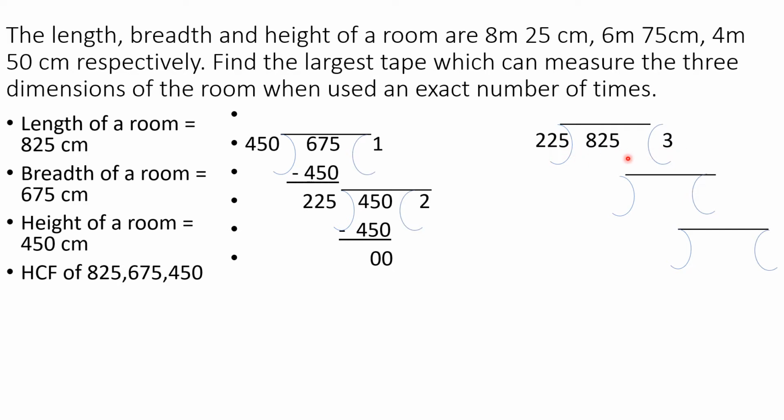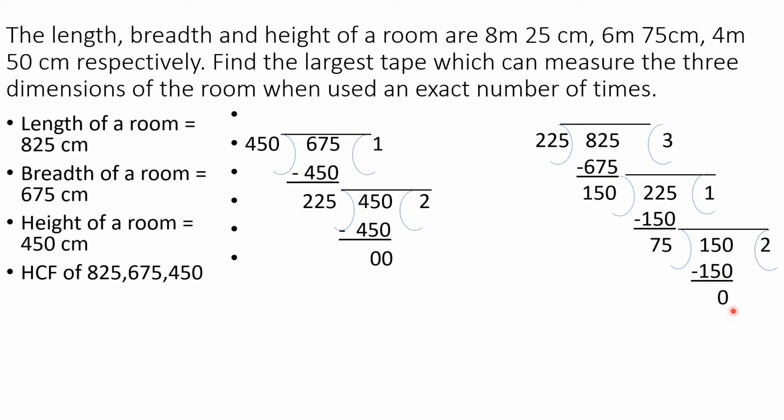So how many times? Yes, three times. 675 we will subtract it. It is the new remainder 150 and the new divisor also. So now 225 will become the dividend. How many times? One time. It is 150. We will subtract it and we will get 75, and this 150 will become the new dividend now. 75 twos are 150 and the remainder is 0.